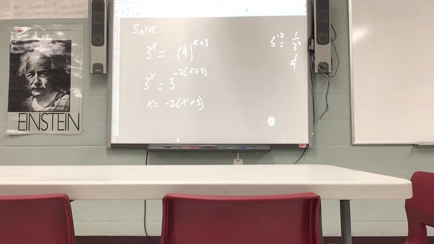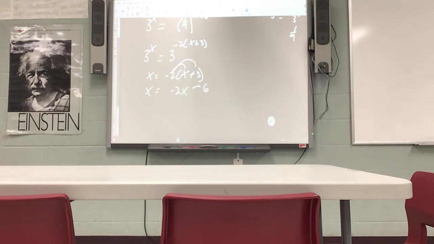Distribute that -2, so that gives us x equals -2x minus 6. Now what? Add your 2x, try to combine those x's on both sides, so 3x equals -6. Then we're ready for that divide, like Christian said. So x would be -2.